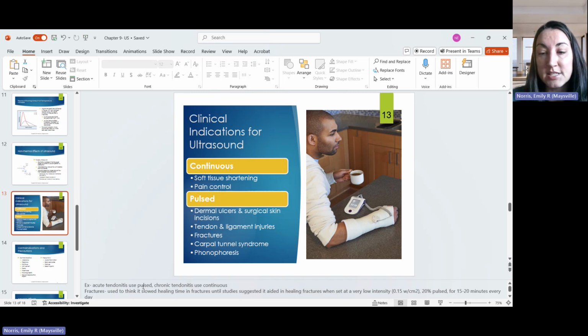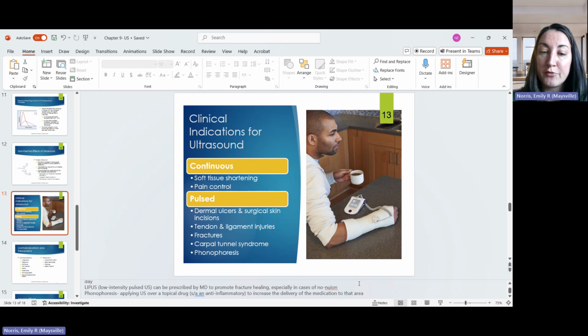And the intensity is typically 0.15 watts per centimeter squared for 20% pulsed, and a little bit longer duration, so 15 to 20 minutes used every day. But some of those machines may even be set to an hour or 2 hours at that low intensity and 20% pulsed.